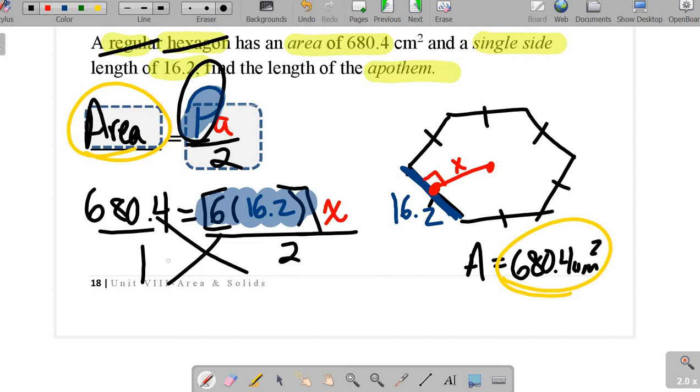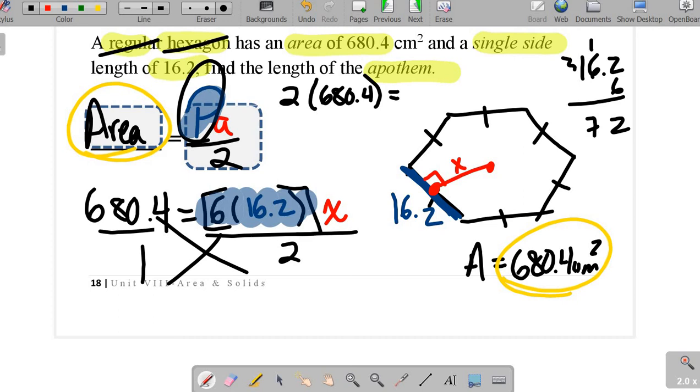Cross multiply. 16.2 times 6 is going to be 97.2 times x.